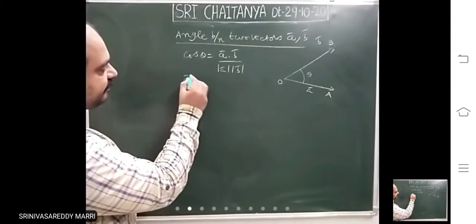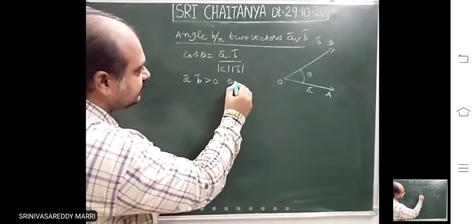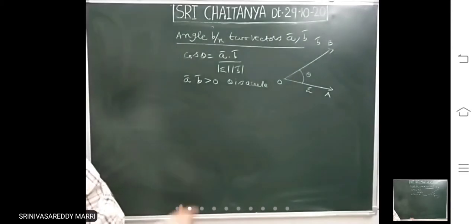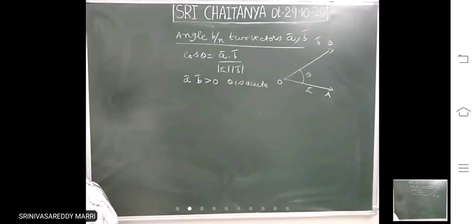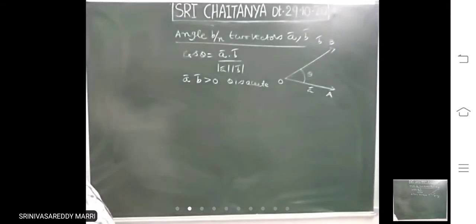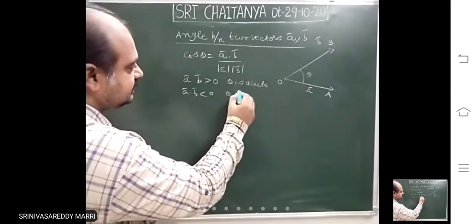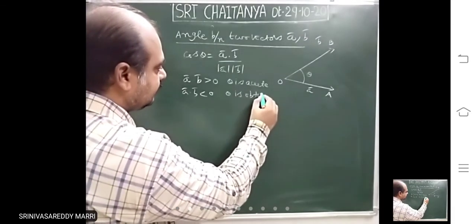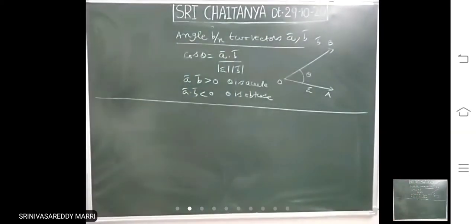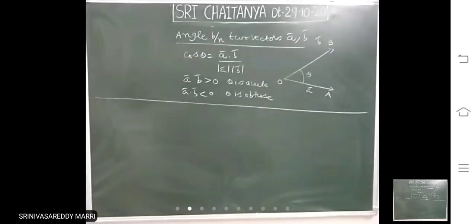Now look, if a bar dot b bar is greater than 0, theta is acute. If it is acute, cos theta will be greater than 0, that means a dot b will be greater than 0. Dot product greater than 0 means acute angle. a dot b less than 0, theta will be an obtuse angle. This is about vectors, already discussed in the previous chapter. Here also the same application will be there for lines.